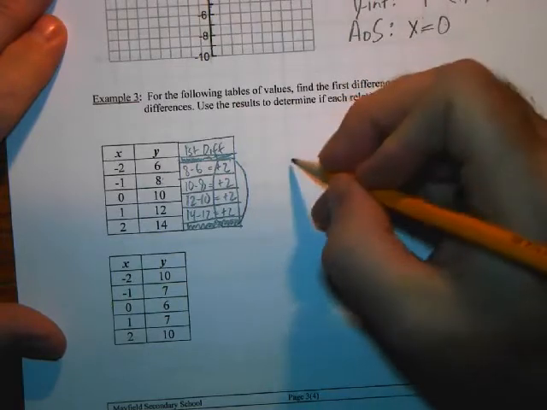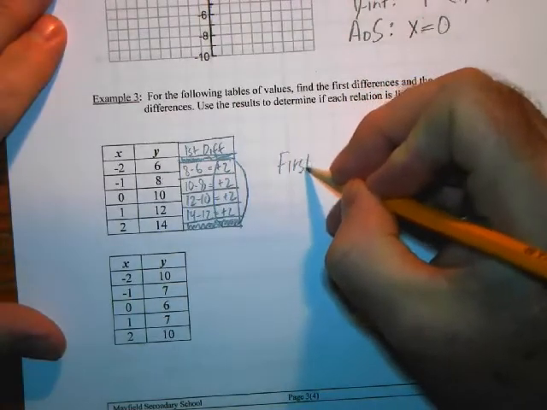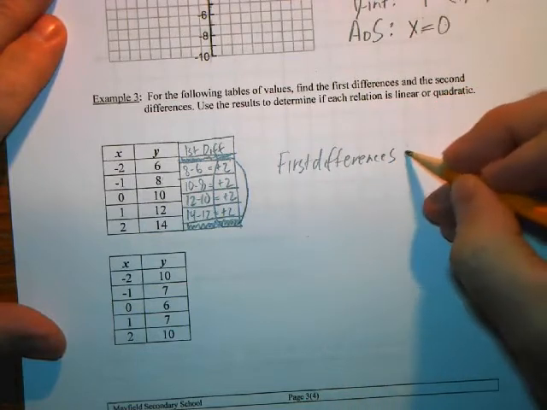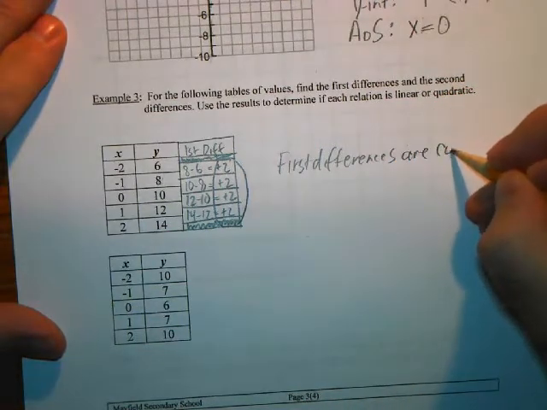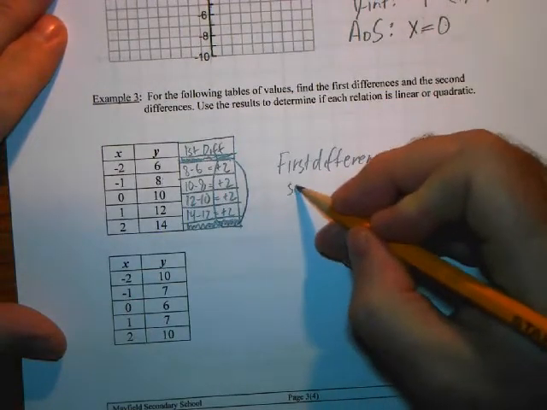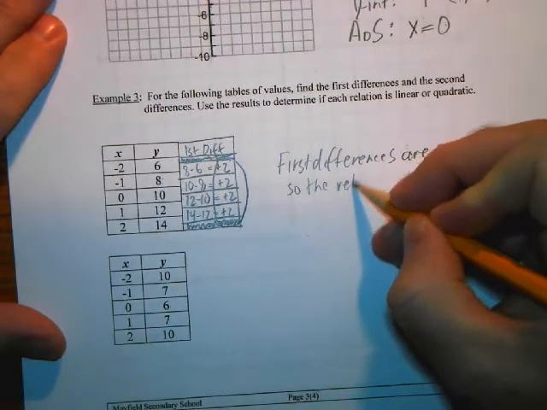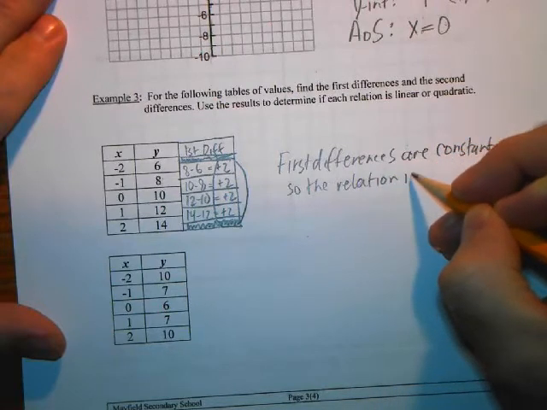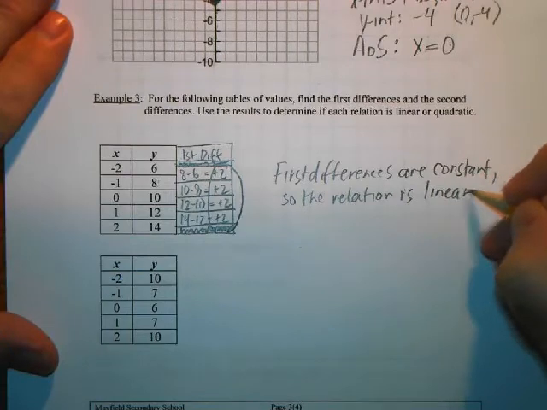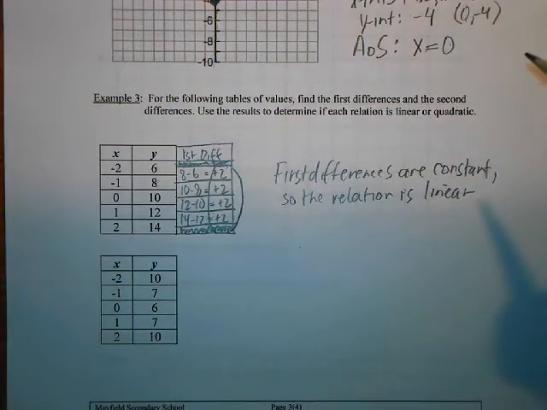So from here we can conclude the first differences are constant, so the relation is linear.